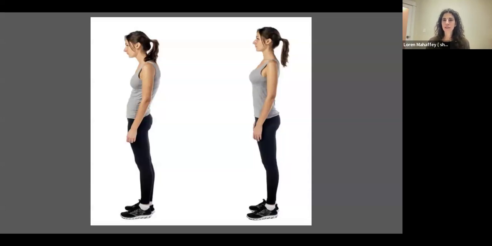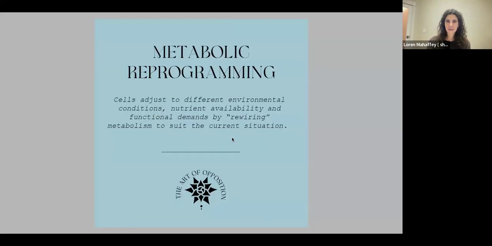They have less contractile properties and they become much stiffer. And this is called metabolic reprogramming. We talked about this before, and it's where cells adjust to different environmental conditions, nutrient availability, and functional demands by rewiring metabolism to suit the current situation.